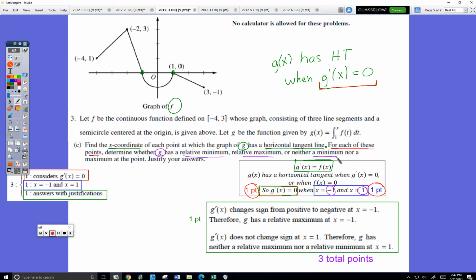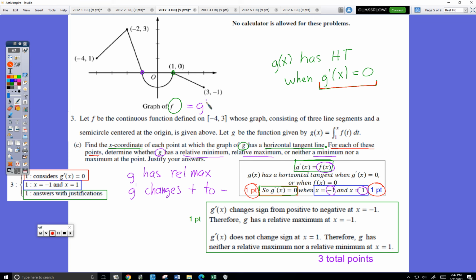Okay, so from the golden notes, we know that G has a relative max when G prime changes positive to negative, and a relative min is the opposite. And we remember that G prime is F. So looking at F, I can see right here the values of F, or G prime.